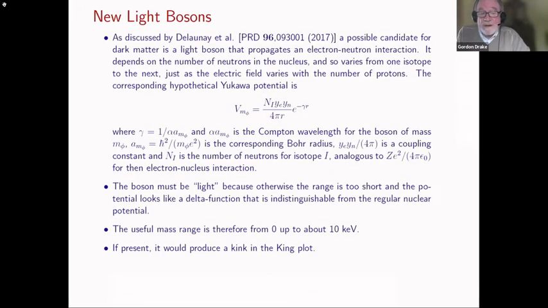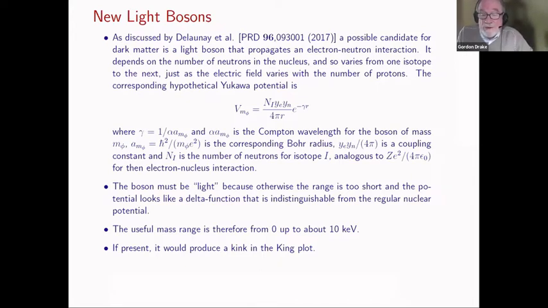So the existence of a new light boson is a potential candidate for dark matter, and since it depends on the number of neutrons in the nucleus, you should see a progressive change as you go from one isotope to the next.